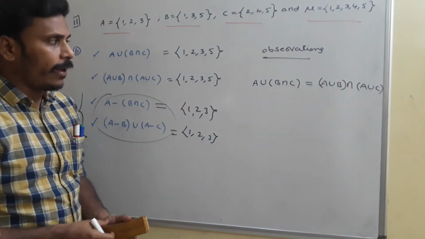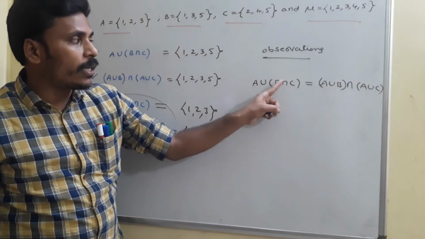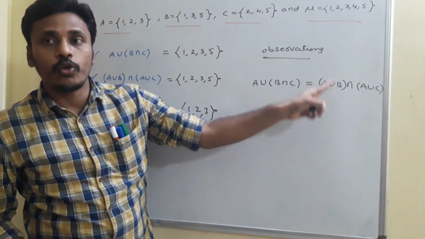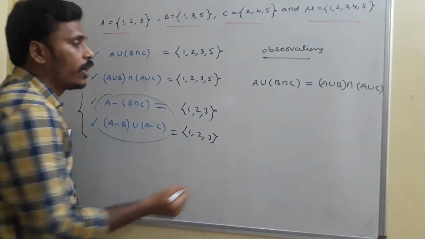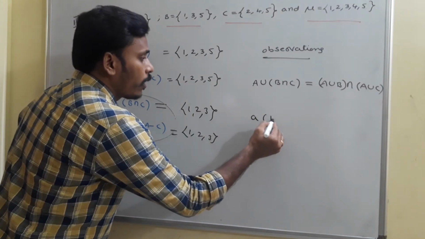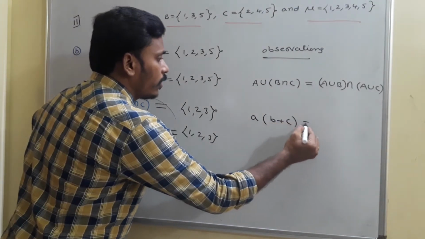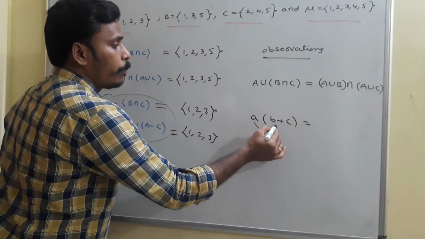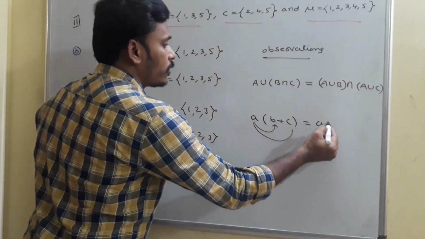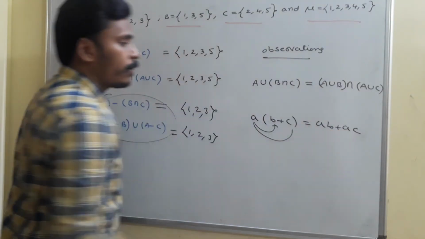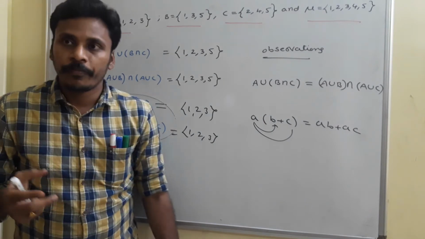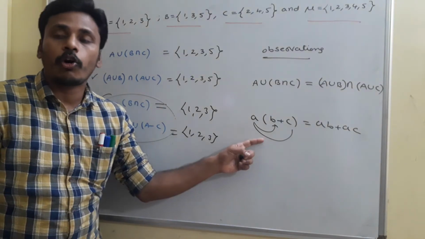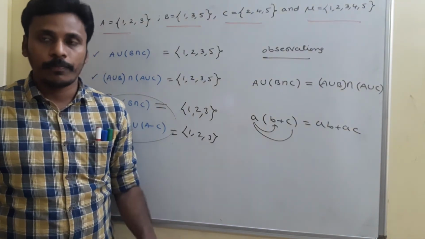See, you just look there. A union of B intersection C is equal to A union B intersection A union C. It is usually of the format A of B plus C is equal to AB and AC, just like this property. You need to memorize it in such a way. And this property is usually called the distributive property. Why?